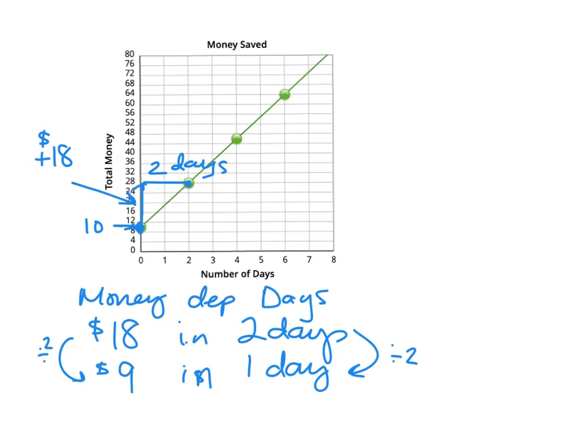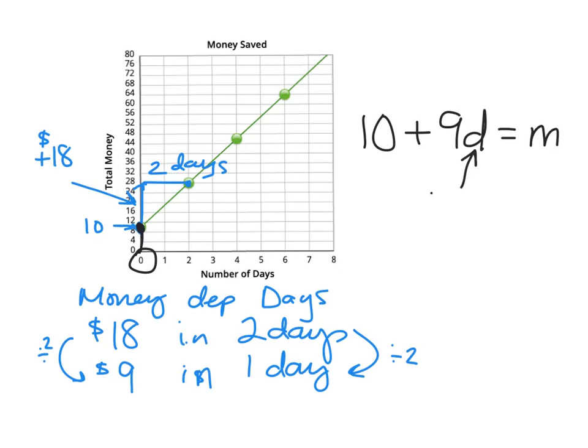So now when we write our equation, I always like to think of the initial value first. So when I write my equations, I like to start off with, does this person have any money to begin with? And the answer is yes. They have $10 to begin with because at 0 days, they already have $10. But they are gaining $9 every day, and that will be the total amount of money.